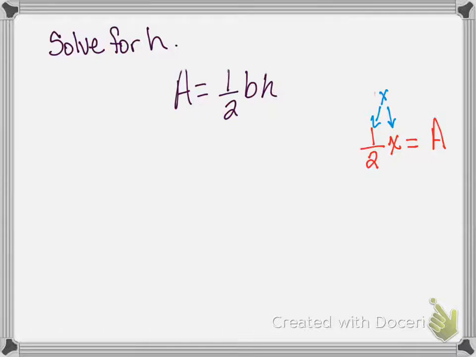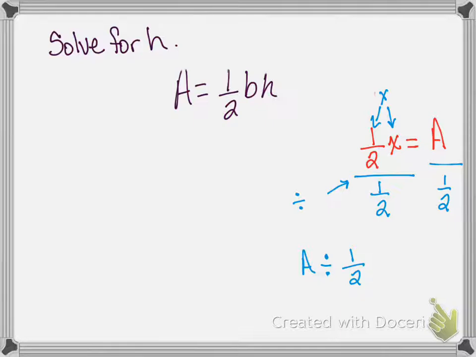Division. So I need to divide both sides by 1/2. This line right here means divide. So I have a divided by 1/2. I just rewrote that in a different way.